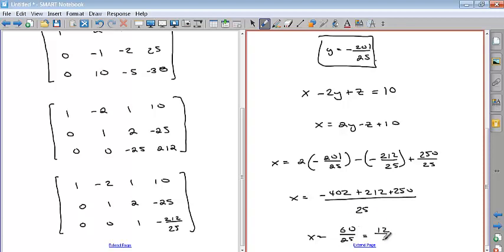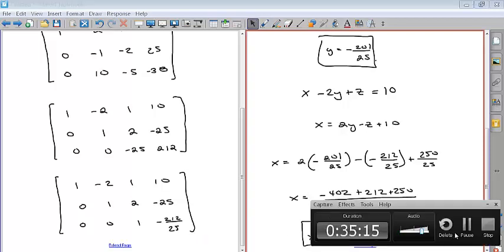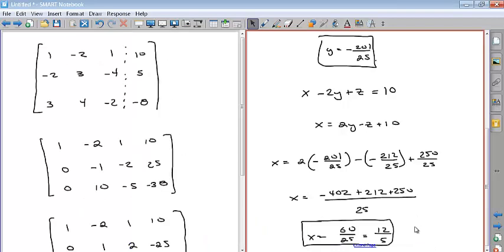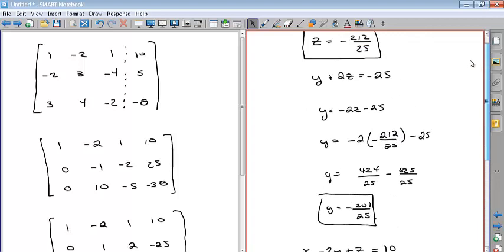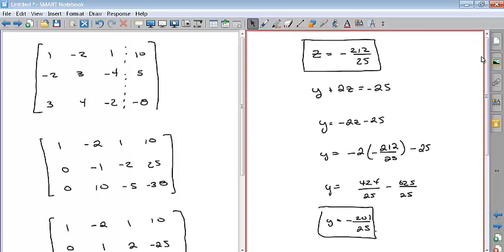So you get 12 fifths. So that's my x solution. So now I have x, y, and z. So that's the whole concept. It takes patience. And I'm just going to pause for a second because I want to see if that's the correct answer. Okay, so there's another way that I'm not going to show you, but that is the correct solution. So that's good.